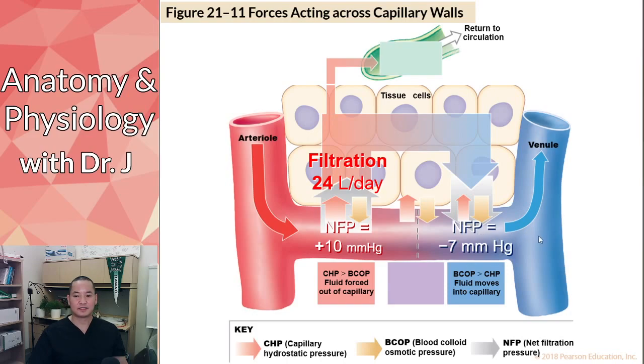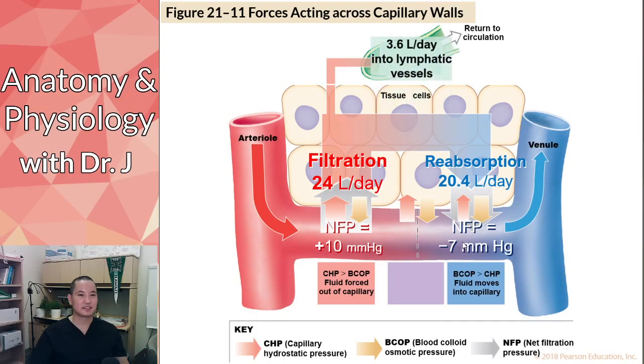And on the venule side, we reabsorb about 20.4 liters per day. So this inequality results in an inequality here. So where does that remaining 3.6 go? That remaining 3.6 ends up going eventually into your lymphatic vessels.